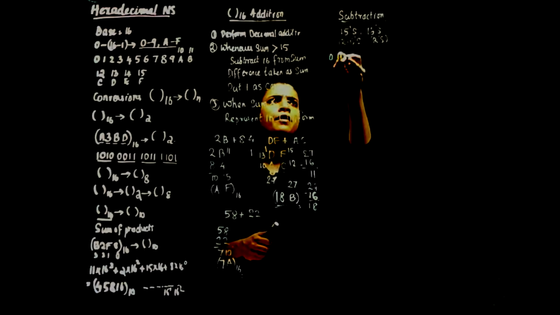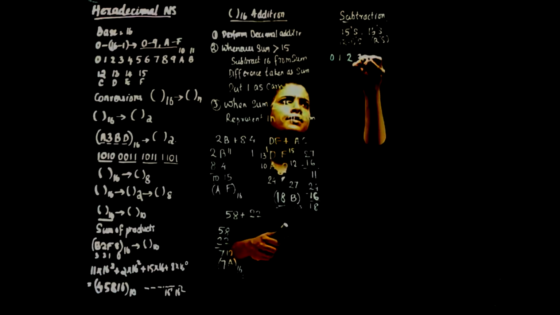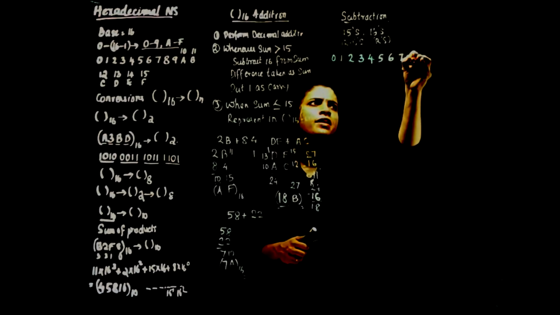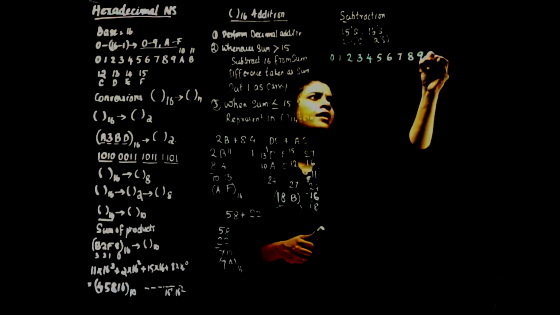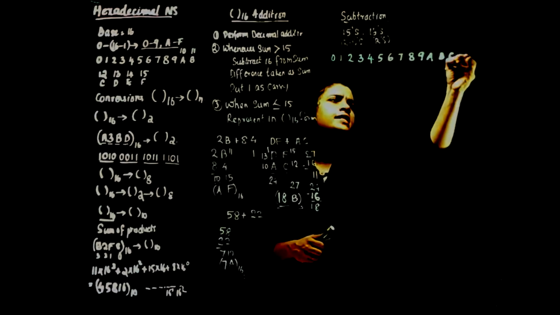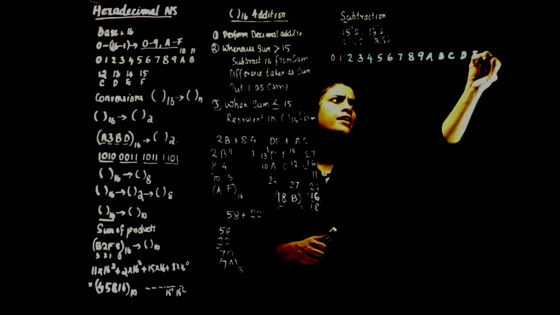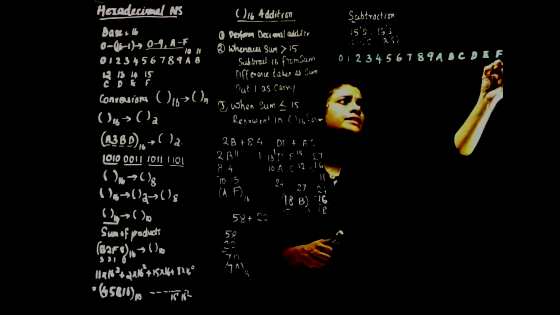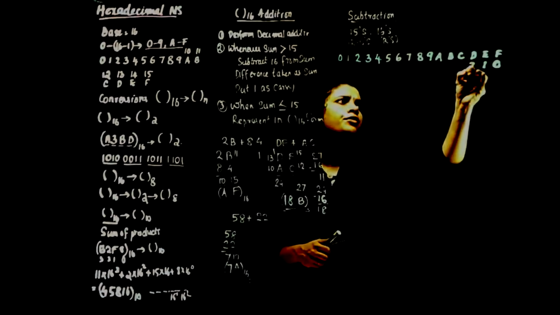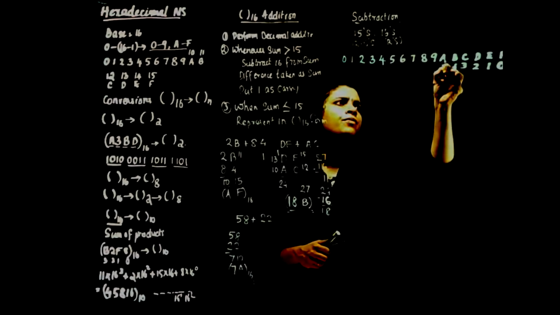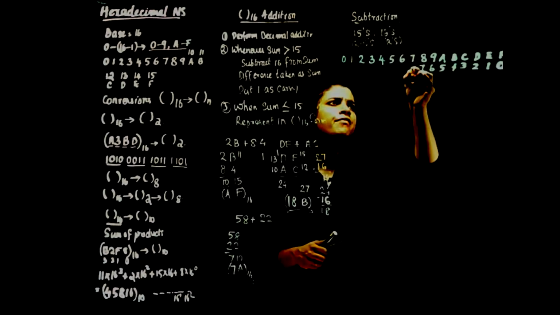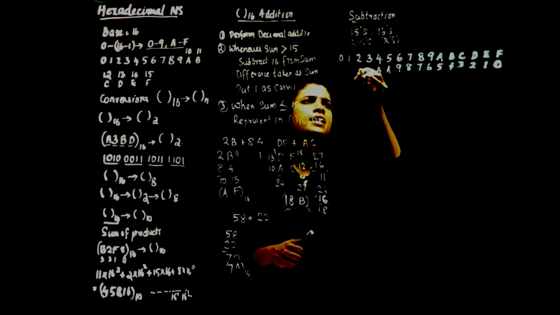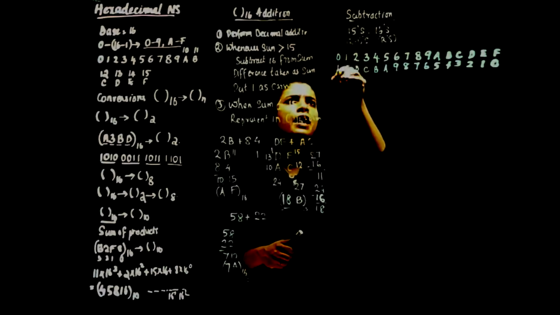So, 0, 1, 2, 3, 4, 5, 6, 7, 8, 9, A, B, C, D, E, F. Just below that, write in descending order, that is 0, 1, 2, 3, 4, 5, 6, 7, 8, 9, A, B, C, D, E and F.